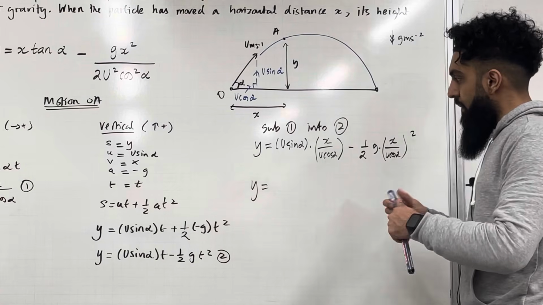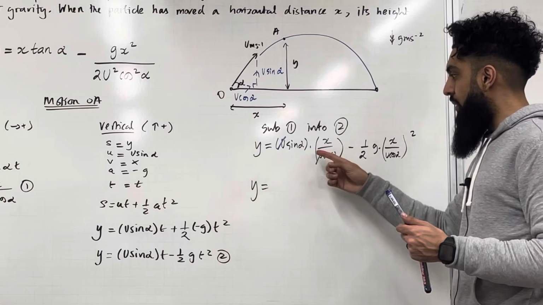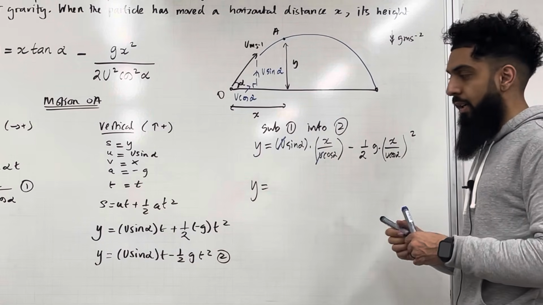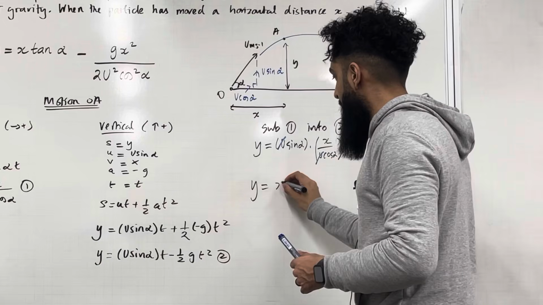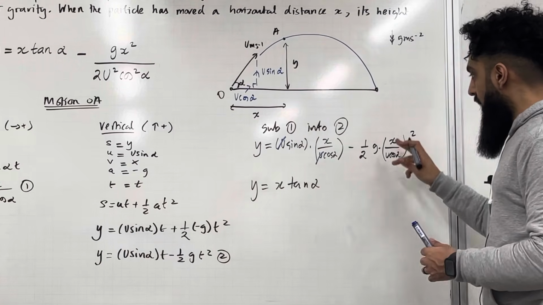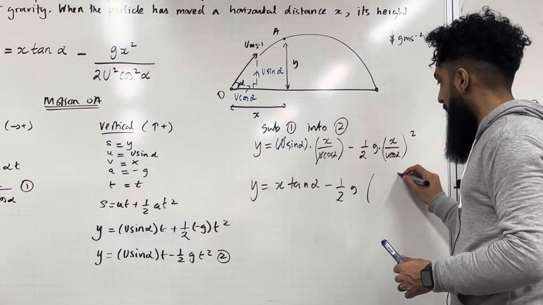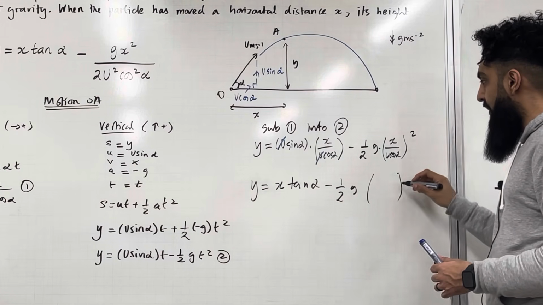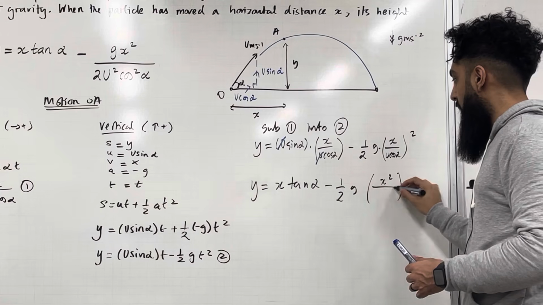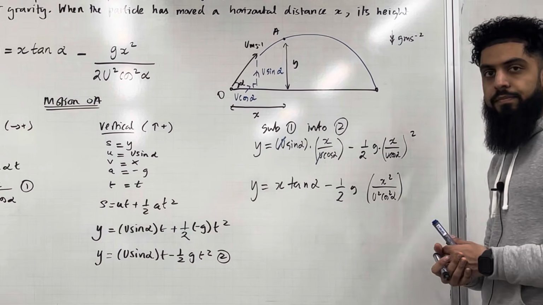Notice that the u's cancel, and we have sine alpha over cos alpha, which is just tan alpha, so we get x tan alpha. Right, now over here we're going to get minus a half g multiplied by, if we square this fraction, x squared over u squared cos squared alpha.